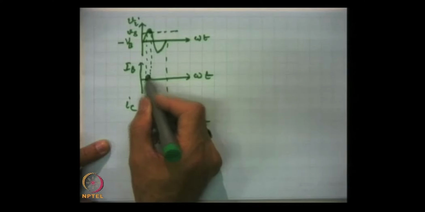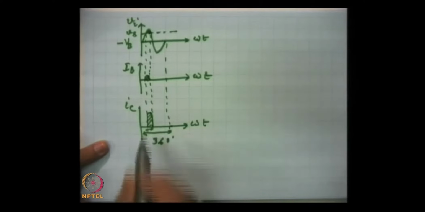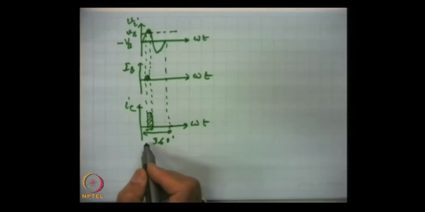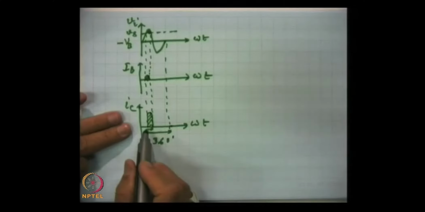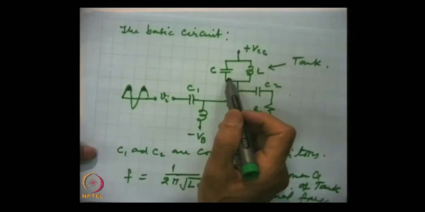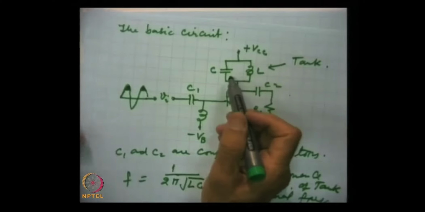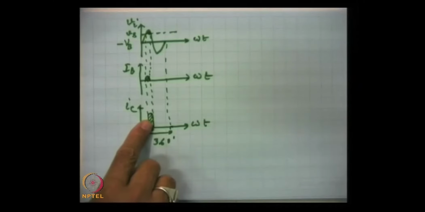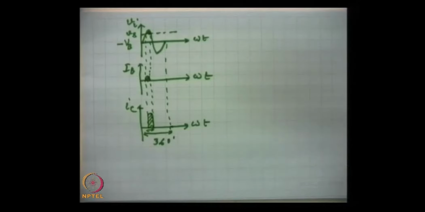This base current will be amplified, and this is the collector current which will be flowing, and these high current pulses will be striking the tank circuit. Now, tank circuit we can take separately, and we can explain how these pulses will give rise to a completely sinusoidal signal.